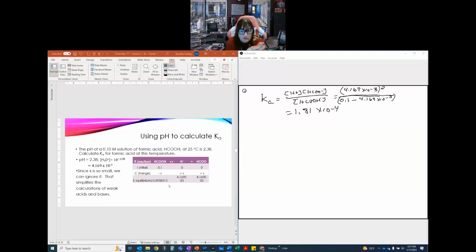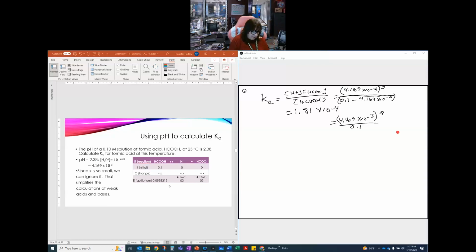And we could ignore the contribution from the x and just use the 0.1 to do that calculation, and then you're going to find that your Ka is not particularly different, all right? But it is perfectly okay to do that, right? In which case, this would be equal to 4.169 times 10 to the minus 3 squared over 0.1.